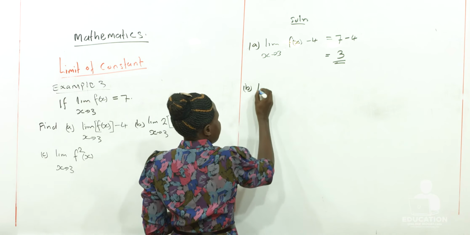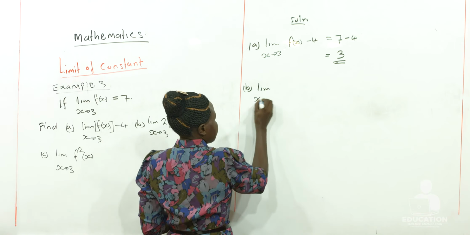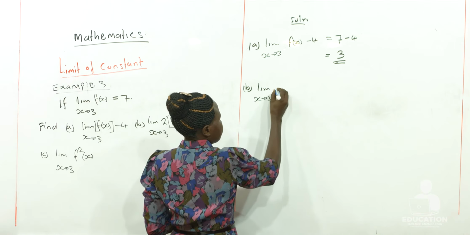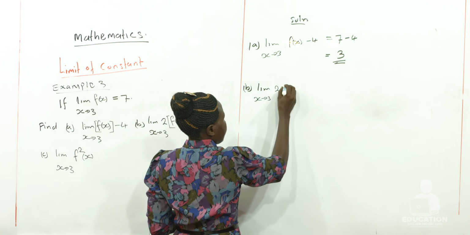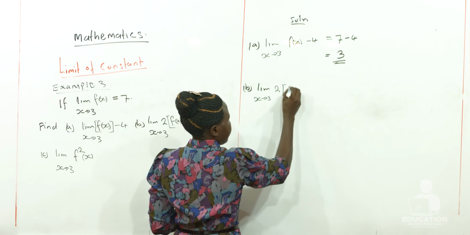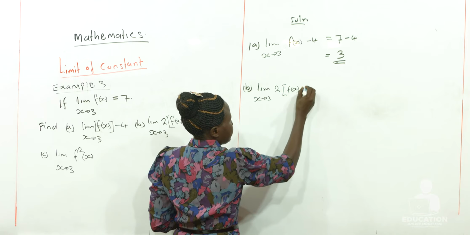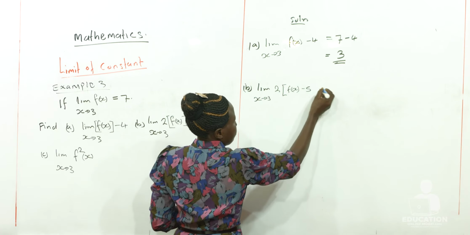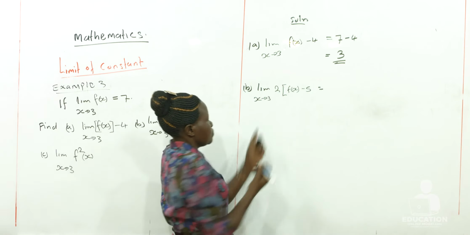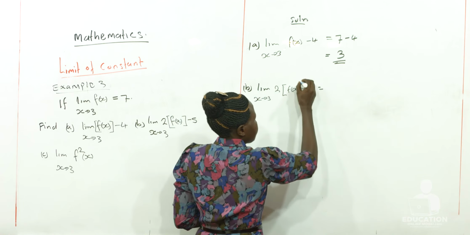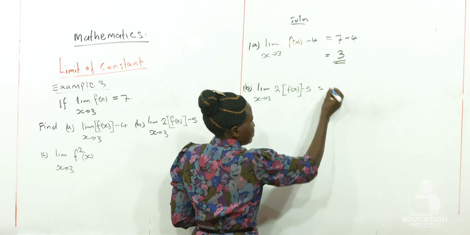Then you say the limit as x approaches 3 of 2f(x) minus 5. When we substitute this, we know that our function f(x) is given as 7.